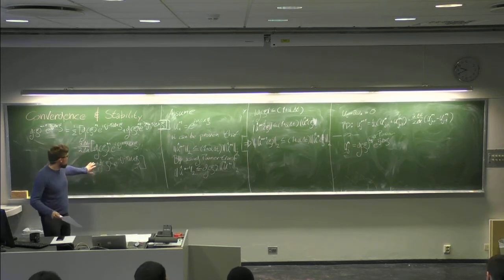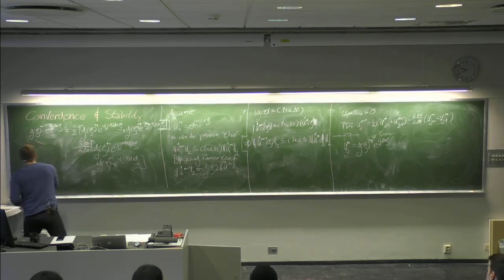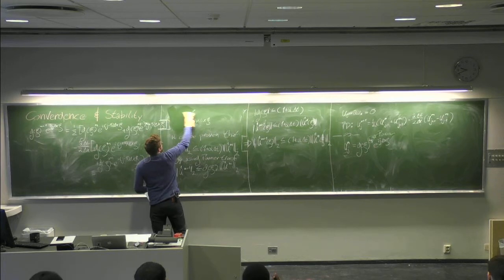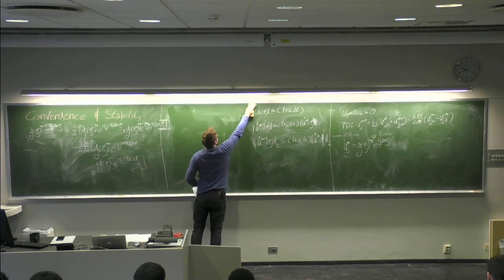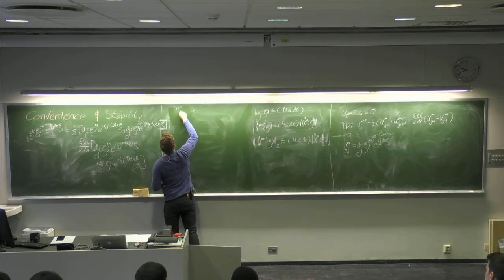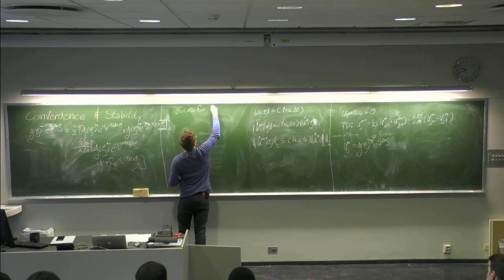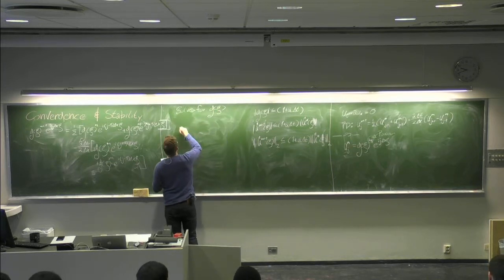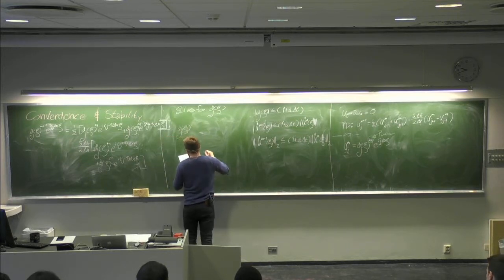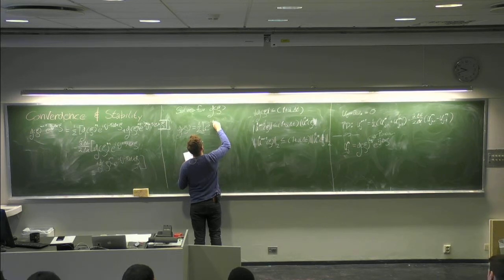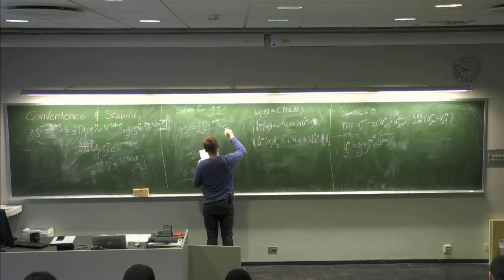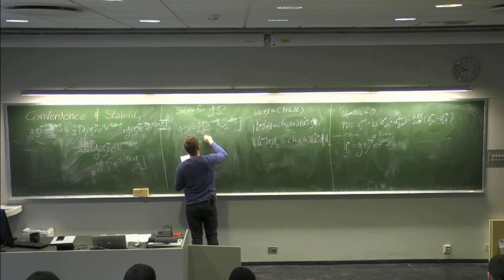So we can solve this for g. Let's see. G of psi should be equal to one half e^(i delta x psi) plus e^(-i delta x psi) minus a delta t by 2 delta x.